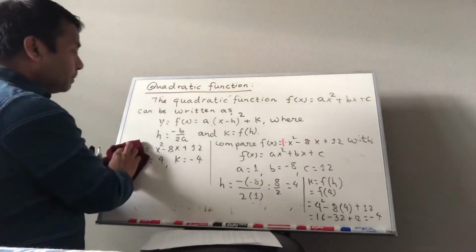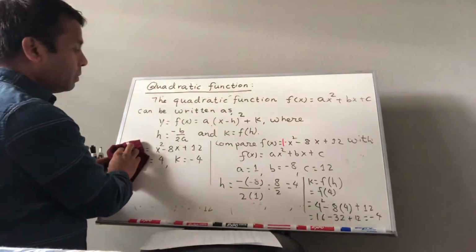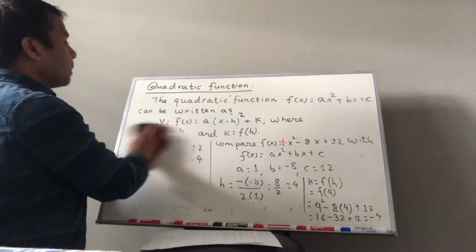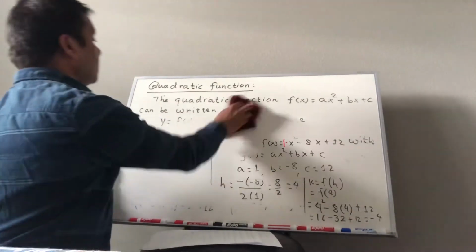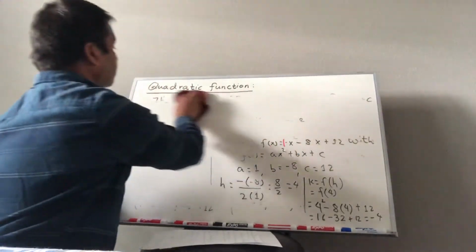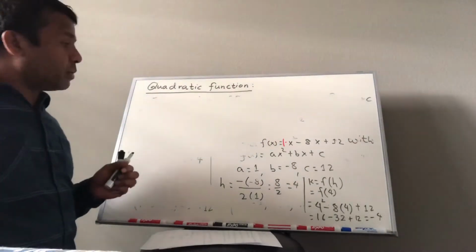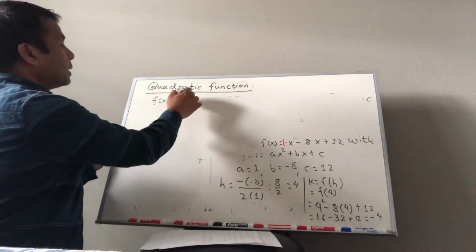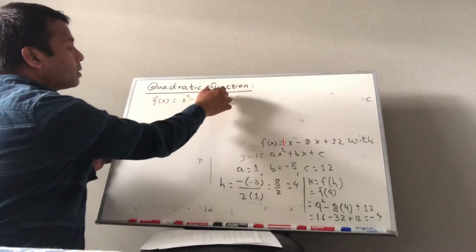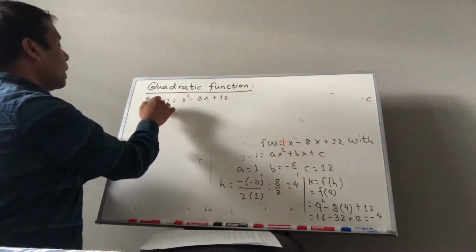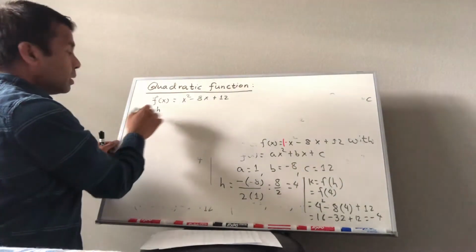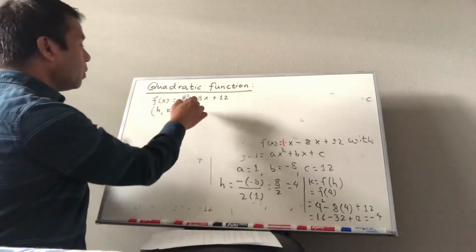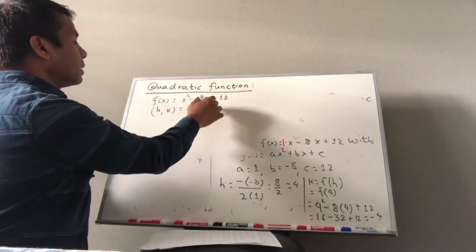So, how to draw the graph for this quadratic function? We have a quadratic function f(x) equals x squared minus 8x plus 12, and we know the value of h and k: h equals 4 and k equals -4.